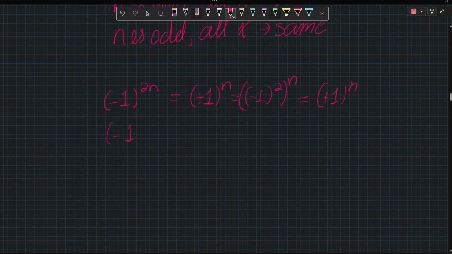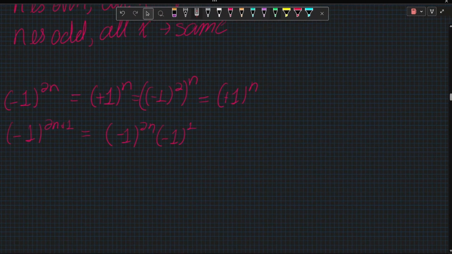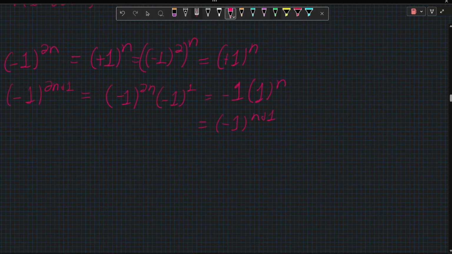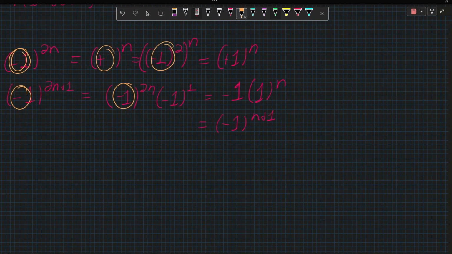Now if we have an odd number, 2 to the n plus 1, then this is the same as negative 1, 2 to the n times negative 1 to the 1. This will be negative 1 times 1 to the n, okay? Which you can express as negative 1 to the n plus 1, which means that if our initial number here, which I wrote as negative 1, but it could be whatever it wants to be, if it's negative, it'll stay negative for even numbers of powers.